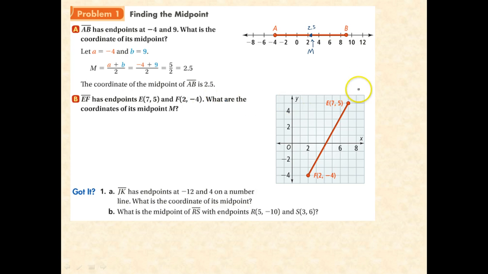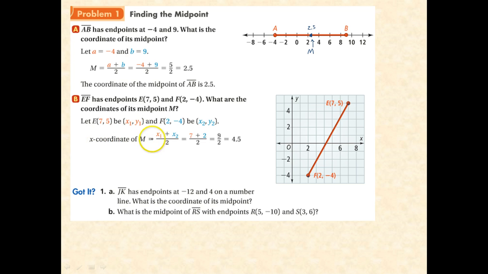Alright, now EF over here has endpoints (7, 5) and (2, -4). What are the coordinates of the midpoint? Somewhere around here, but let's use the formula. Let E (7, 5) be x1, y1, and let F (2, -4) be x2, y2.